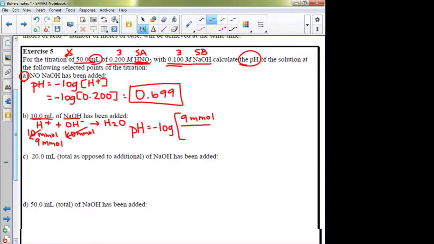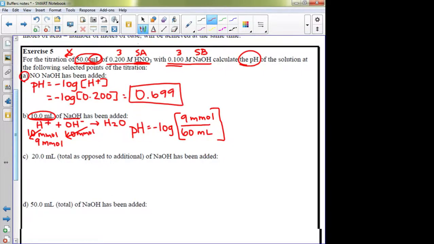What's my total volume in the solution now? I started with how many milliliters? 50. I just added how many? 10. So 50 plus 10 would give me 60 milliliters.